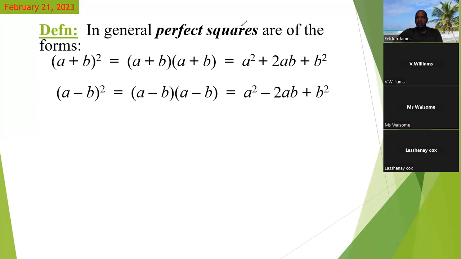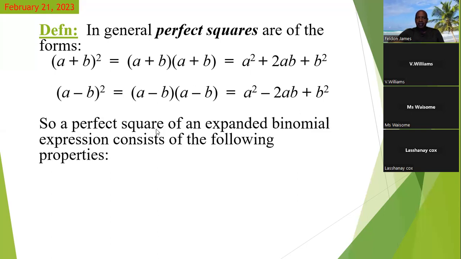And so in that case, you have to be able to determine from that whether or not you really have a perfect square. That's the first part that we want to be able to do. We want to be able to look at an expression and first determine that the expression is a perfect square. And once you have identified it, we can go ahead and use the shortcut technique that we just looked at.